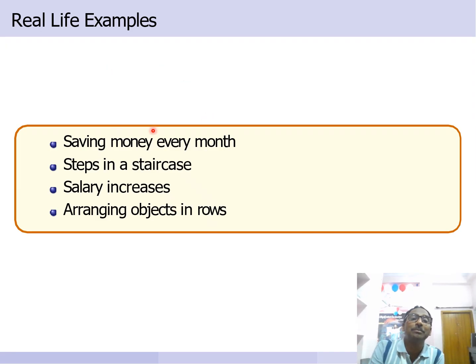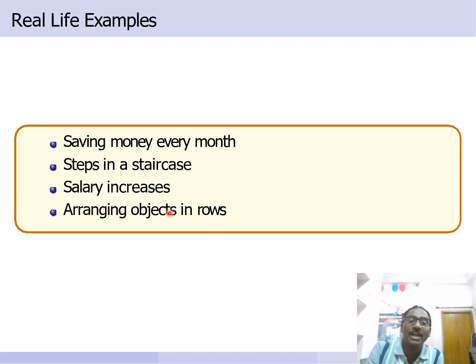Here, saving money: we can save 10 rupees this month, 20 rupees next month, and then 30 rupees, like that. We are increasing the saving amount. Salary increases: this month 100, next month 200, next 300, like that.